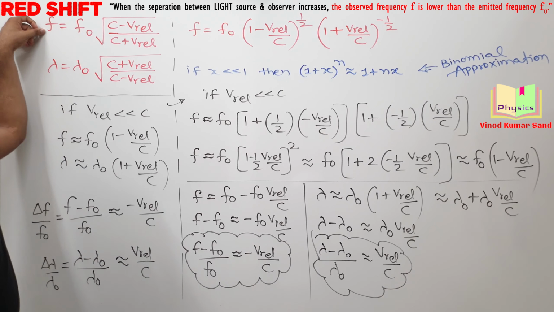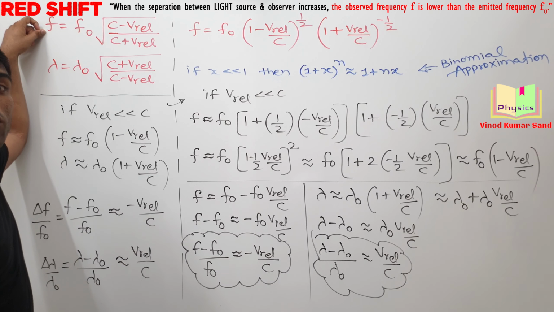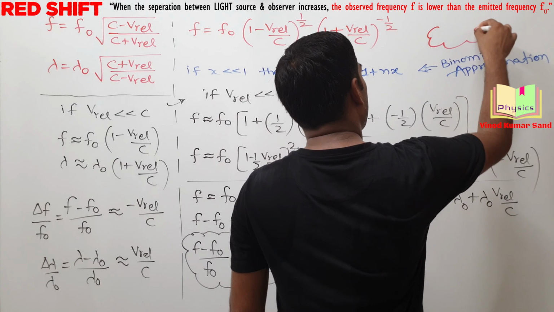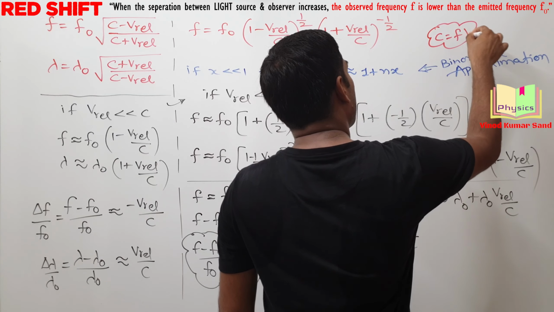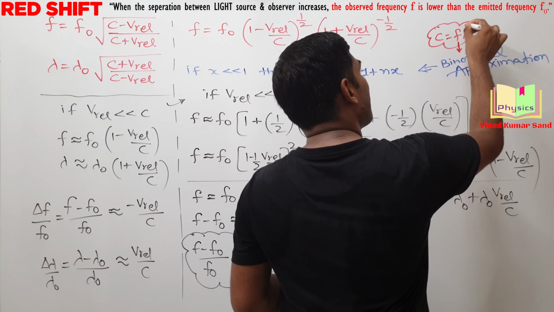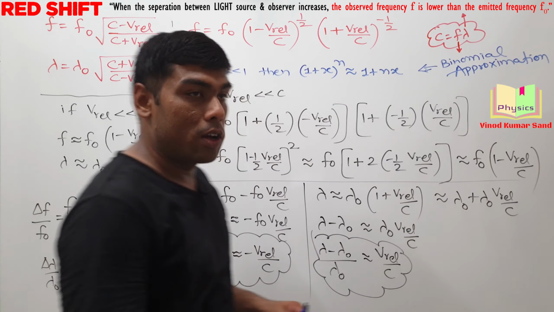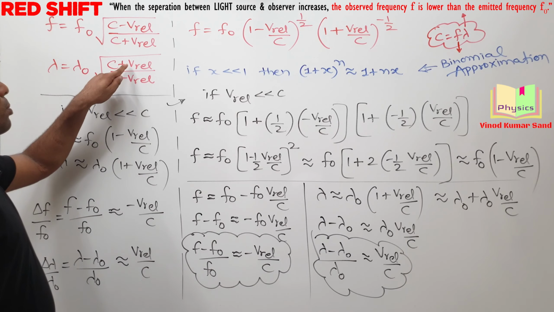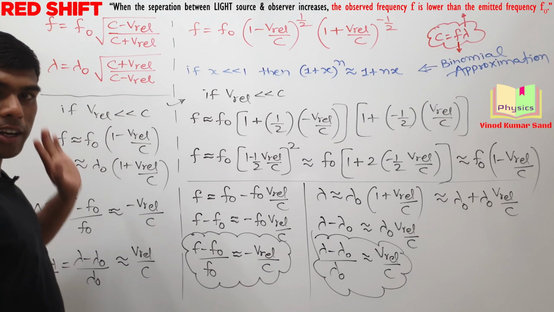If frequency is less, then lambda will be more. You might remember the expression C equals F lambda. When frequency is less, lambda will be more. To keep the measured lambda greater, here should be a positive sign and here a negative sign.